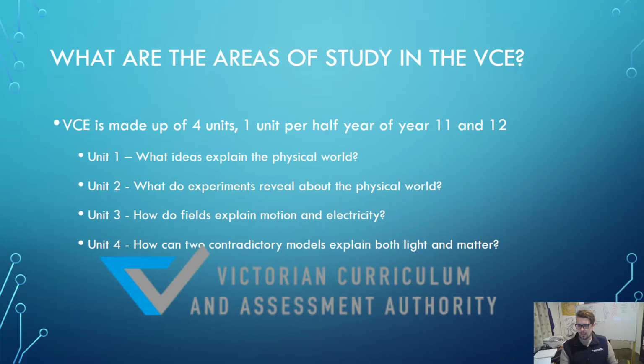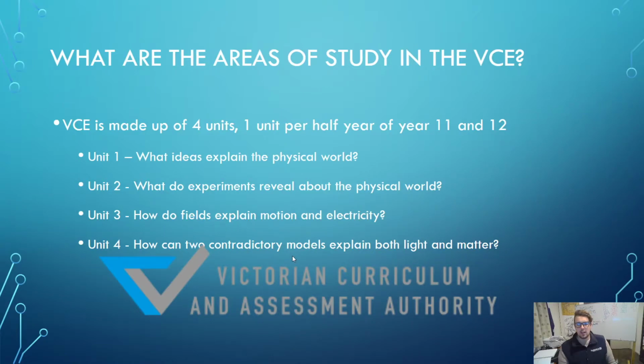The areas of study in VCE: VCE is made up of 4 units, 1 unit per half year of Year 11 and 12, so that's 2 terms per unit. I think it's really important to understand where you would be going, so we need to talk about Unit 3 and 4 as well. So things we look at, what ideas explain the physical world?